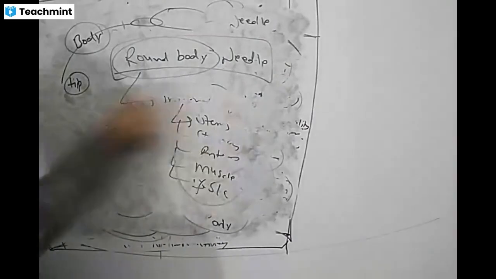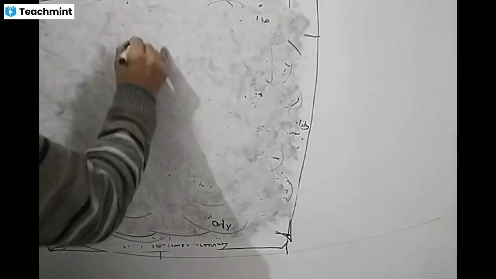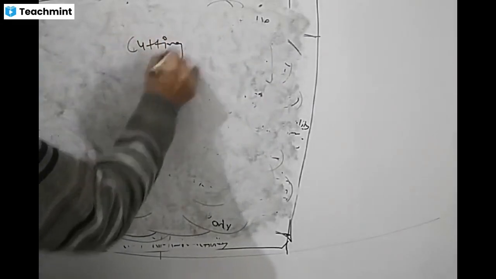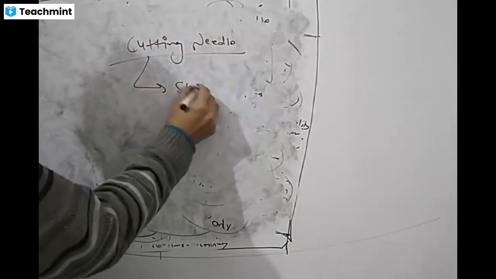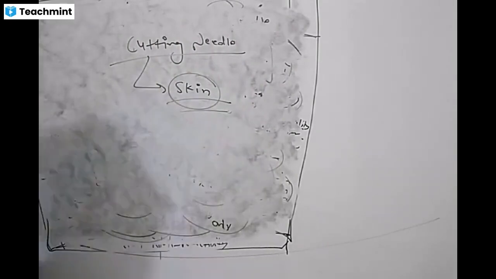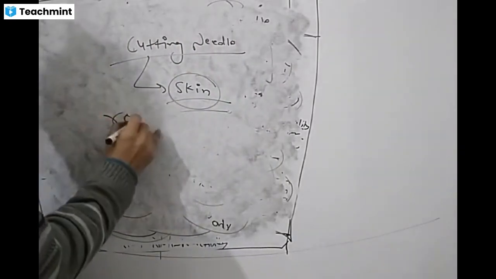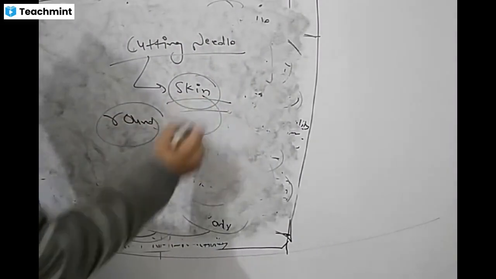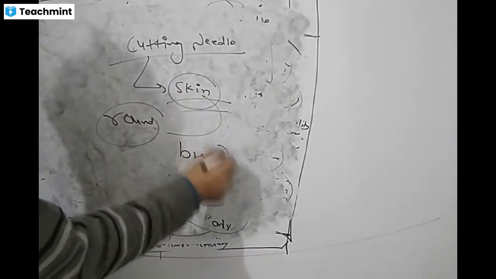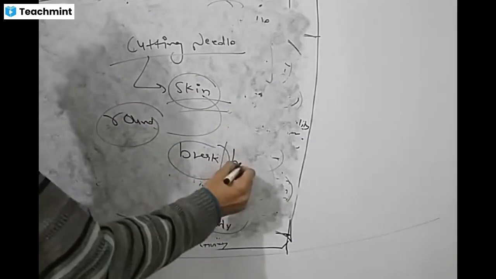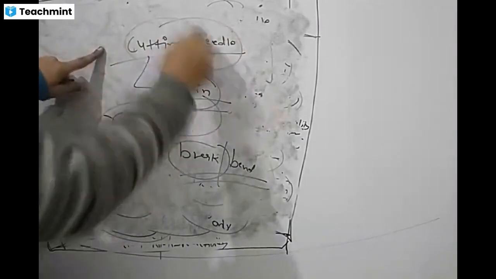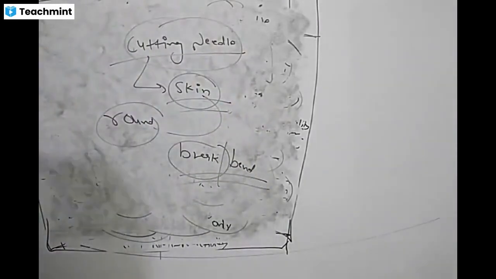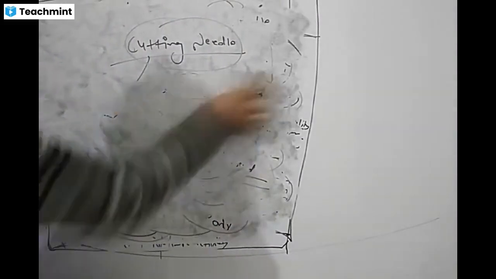But those tissues which are tough, which are dense, for them we use cutting needle. So cutting needles are used for skin. Because if you use a round needle for the skin, they will break or they may bend. So for skin, we use cutting needles. They will cut the skin and we can suture easily.